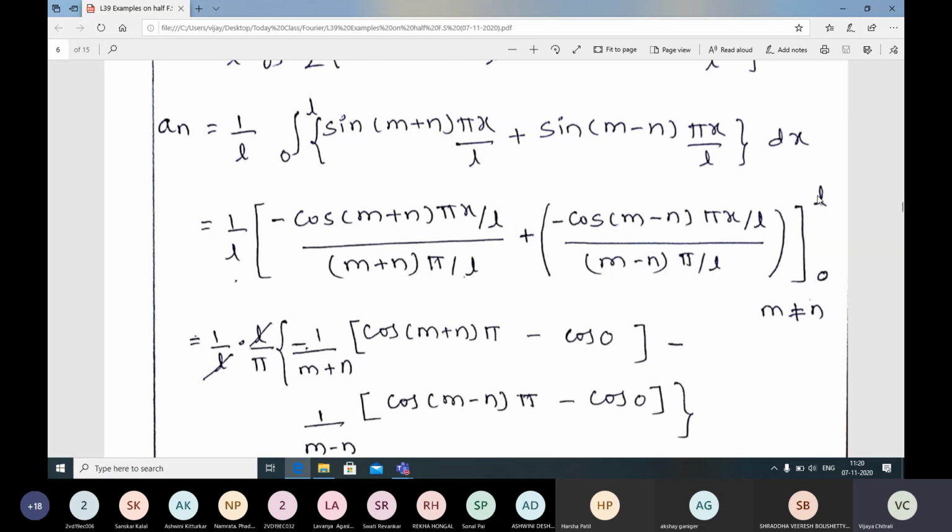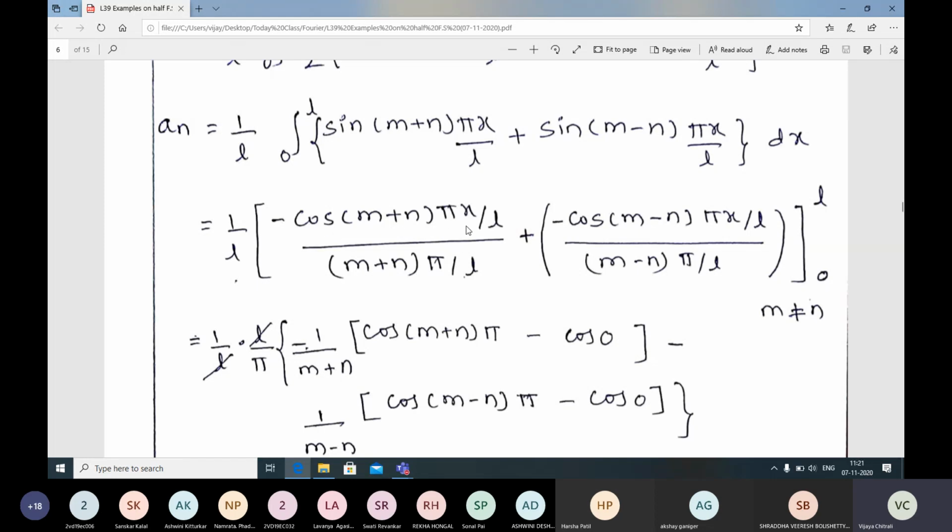Inside, substitute limits, in place of x, L. So L gets cancelled, cos m plus n pi. I'll explain once again. Pi by L is common for both the terms. Take it outside, and we have this pi by L as a denominator. Take this into the numerator. Reciprocal means L by pi. This minus is as it is, and m plus n is also as it is.